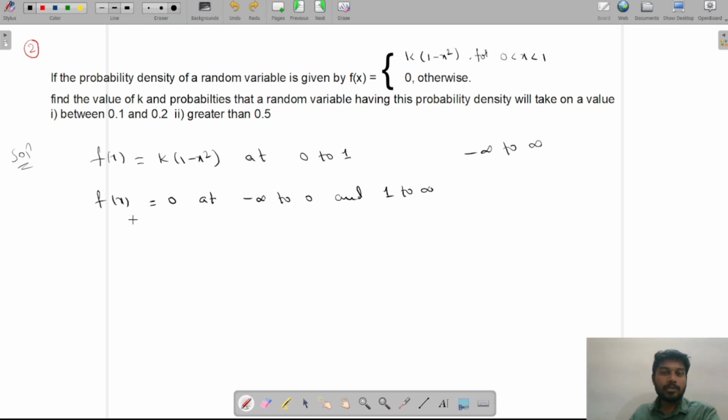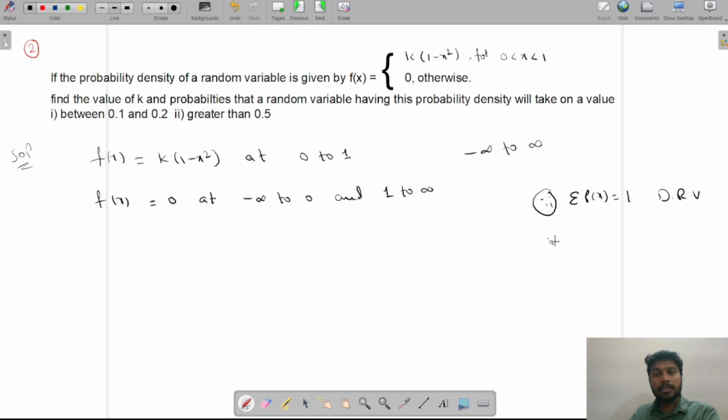I hope we saw this in the discrete random variable also. At that time he wanted to find a value of some variable, so we took the help of the second property of discrete random variable. What is the formula for the discrete random variable? Summation p of x equal to 1. So this is the second property of discrete random variable.